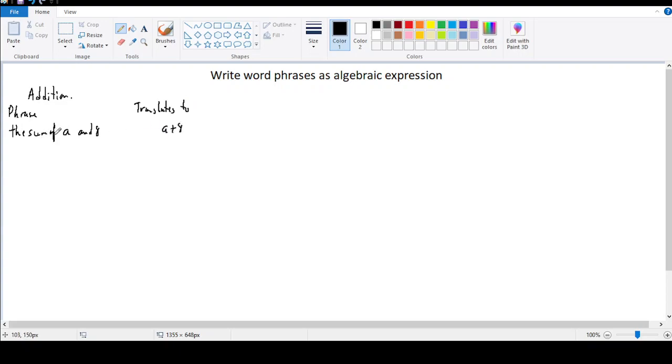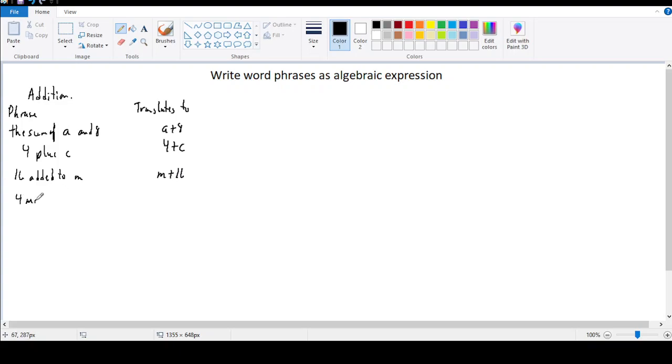The sum of means addition. Then a plus c, that translates to a plus c. 16 added to m translates to m plus 16. Notice how m came first, because 16 is being added to m, although you will get the same result.